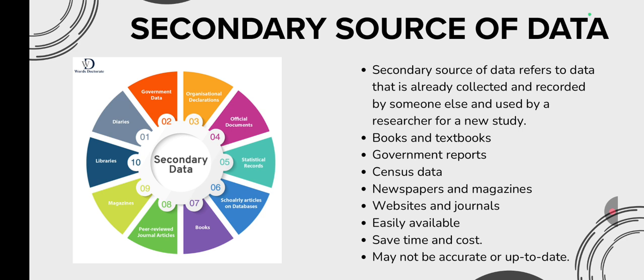The features are that it is easily available in libraries and bookshops, it is not as time consuming as primary data, and the cost is very low, but it may not be accurate or up to date.